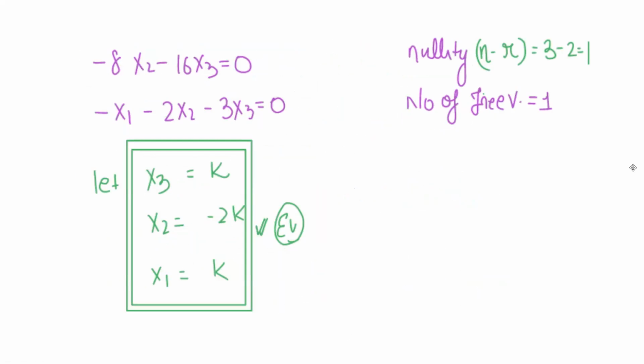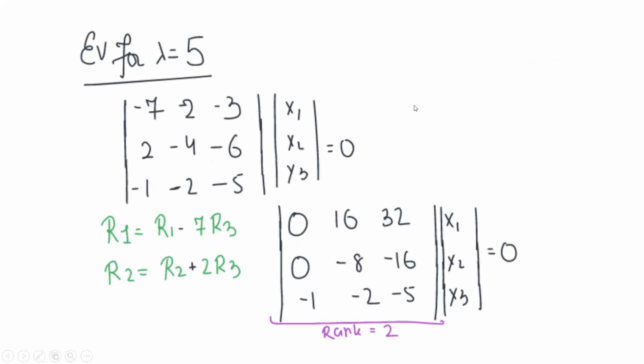The value of n minus r, where n is the number of variables, 3, and the rank is 2, so n minus r is equal to 1. The number of free variables is 1.